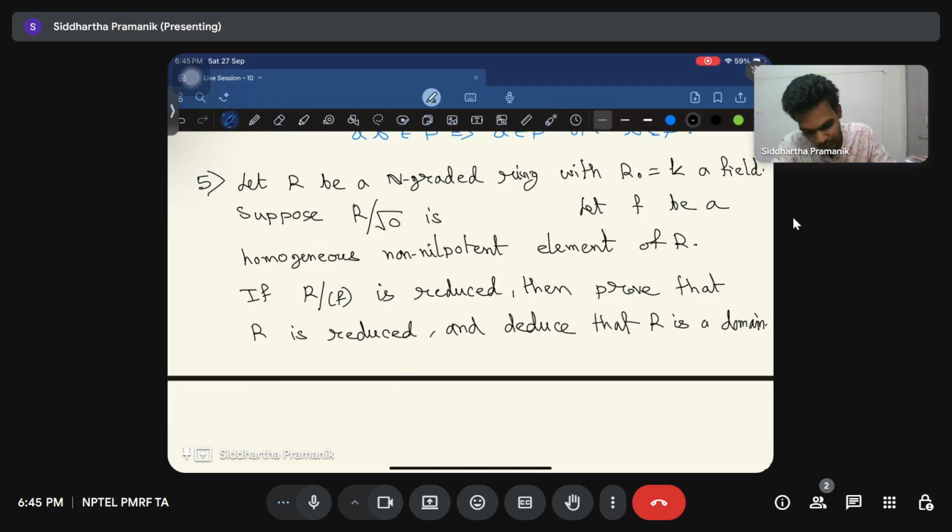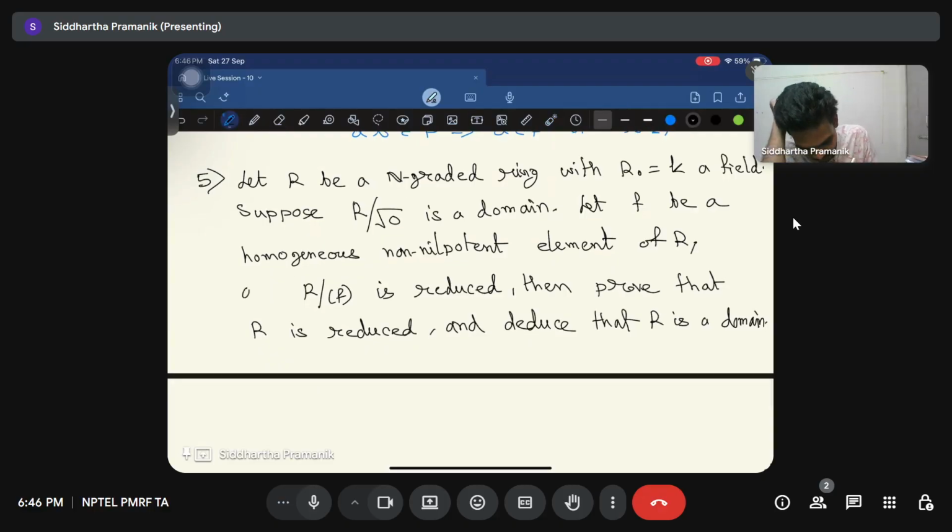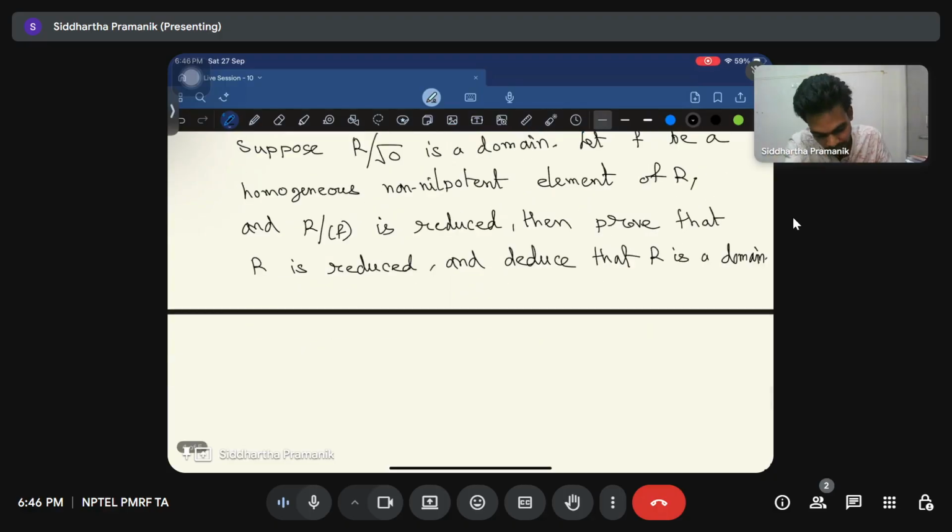So assume that R mod the nilradical is a domain. Now, if F is a homogeneous non-nilpotent element and the quotient is reduced, then we have to prove that R is reduced.